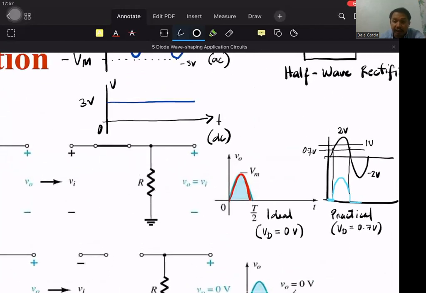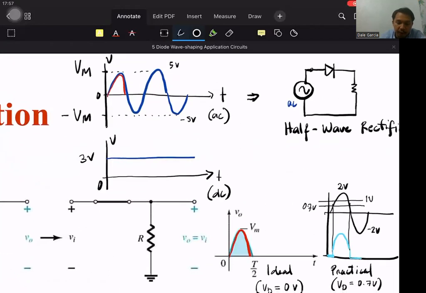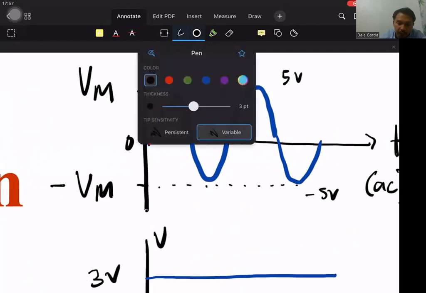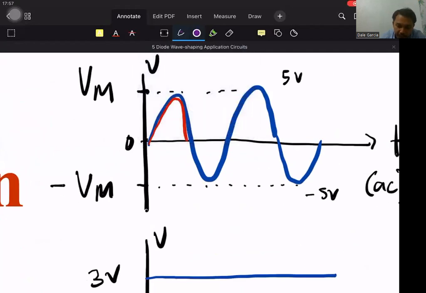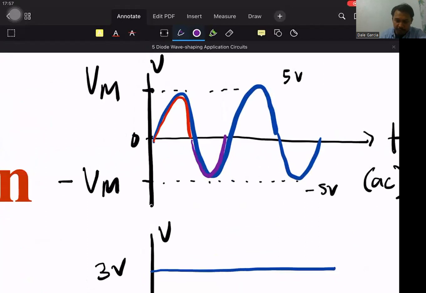So that's for the positive half cycle, the red portion of our input signal. What about the negative part? From negative 0.1 to negative 0.2, up to negative 5, then back to negative 4, negative 3, up to negative 0.1 and then 0.